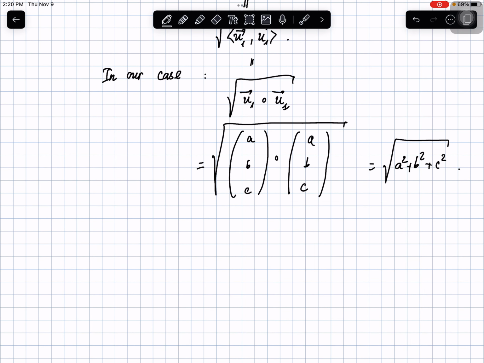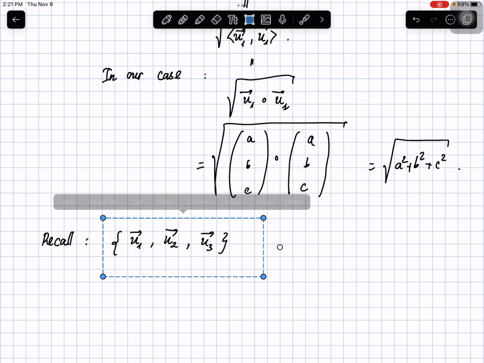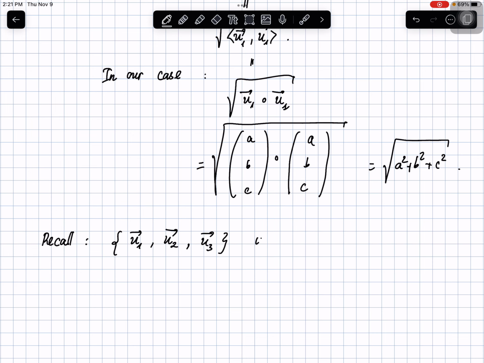And since we need to check this is a basis of R3, recall that if u1, u2, u3 is orthogonal, then we proved that u1, u2, u3 is linearly independent.